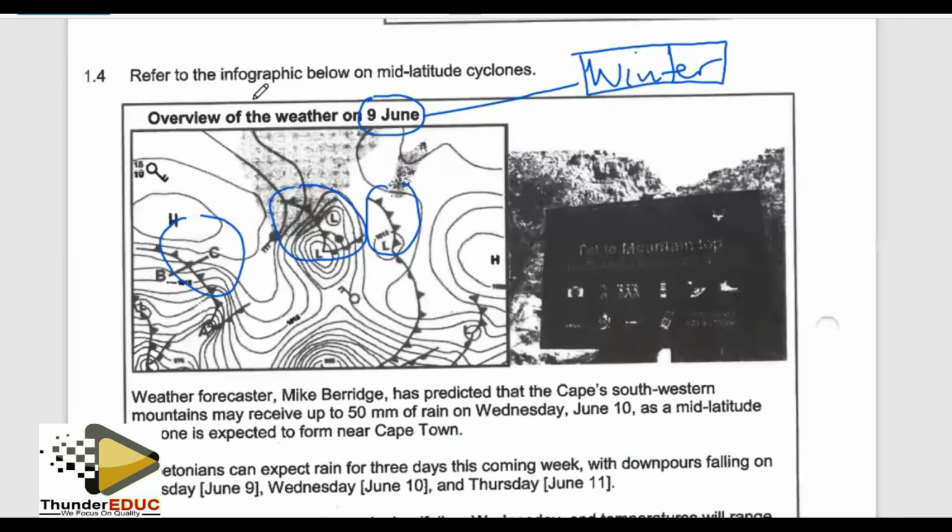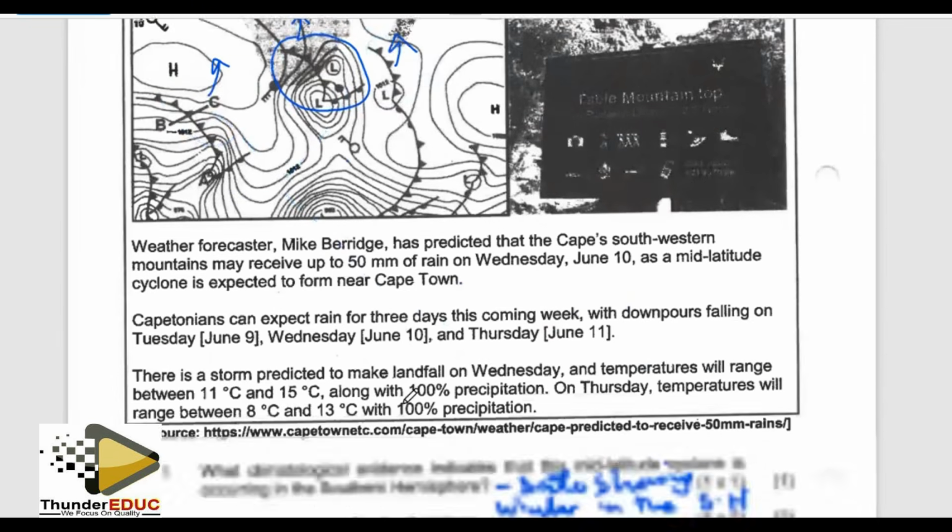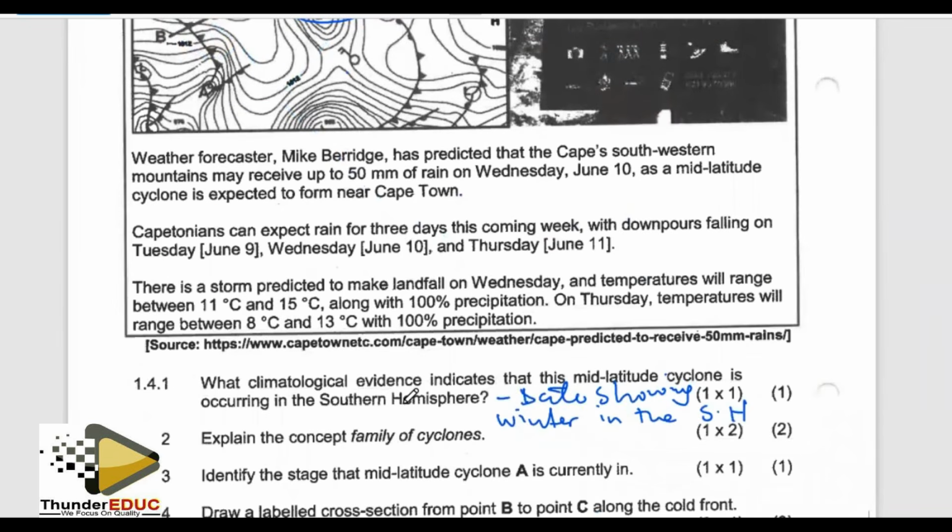Let's go back to check again. So like I mentioned, in winter season, the mid-latitude cyclone is always situated further northwards. See, they are moving further northwards, which is typical of winter, but in the southern hemisphere.